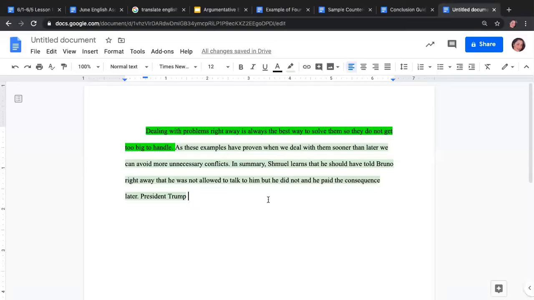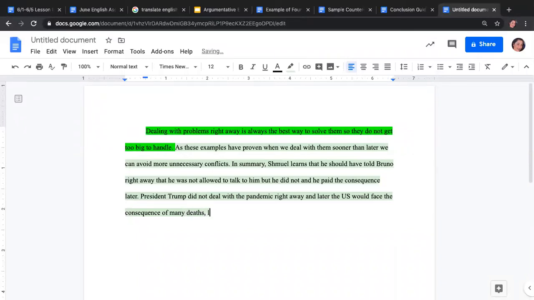Okay, so I'm going to talk about President Trump because that's my other example. President Trump did not deal with the pandemic right away, and later the U.S. would face the consequence of many deaths, lost jobs, lost money, and, what's a word for stress?